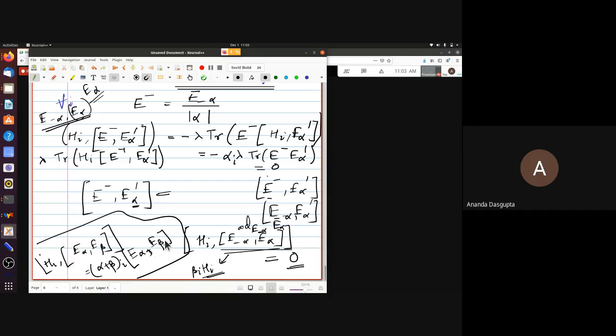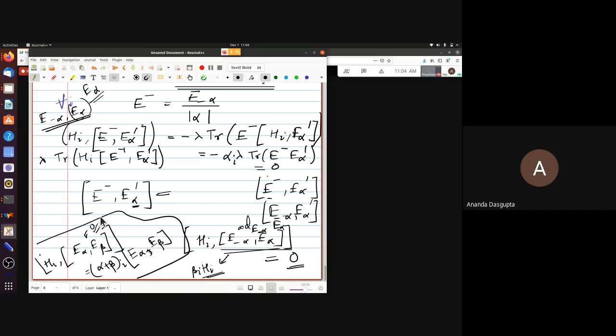There's a catch. It might so happen that alpha plus beta may not be a root, in which case the only conclusion you could draw is that this must be 0. Exactly the same thing that we did with standard raising and lowering operators.